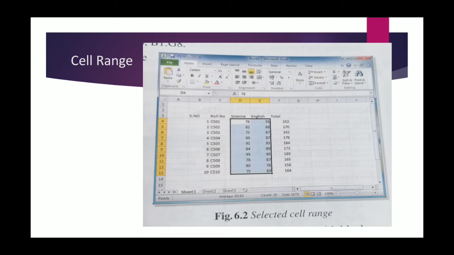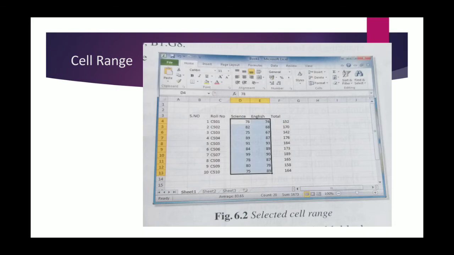A cell range name consists of the address of the first cell, a colon and the last cell address. For example, A1:A6, B1:G8. The smallest range is a single cell and the largest range is an entire worksheet.